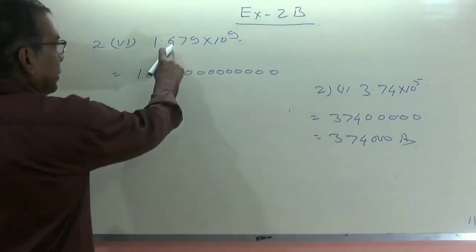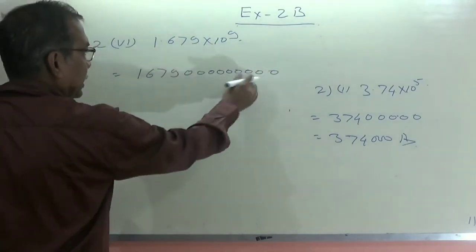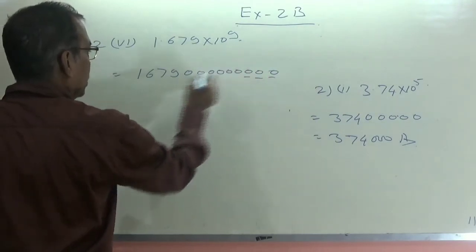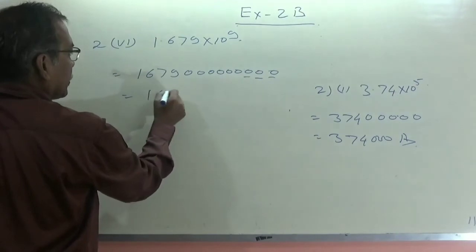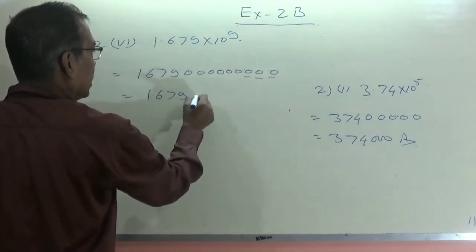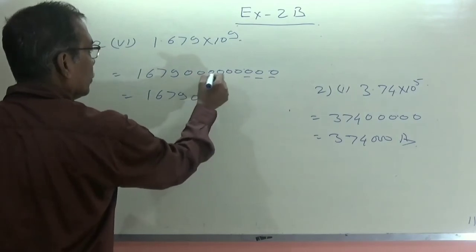And the decimal is coming after 3 digits. So from the right hand side count 3 zeros. 1, 2, 3. So the decimal should come here. So it will be equal to 1, 6, 7, 9. And the decimal should come here. You have to leave the last 1, 2, 3, 4, 5, 6.